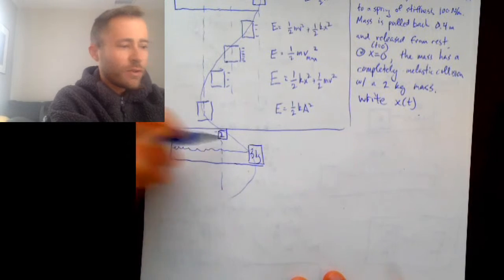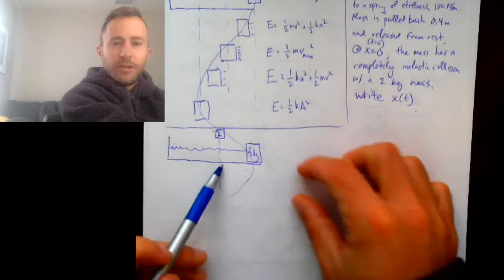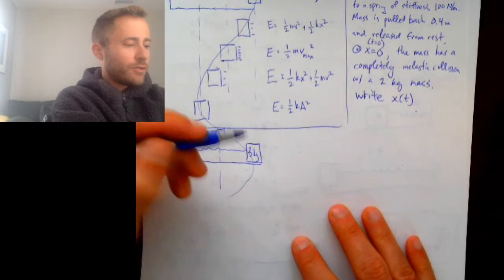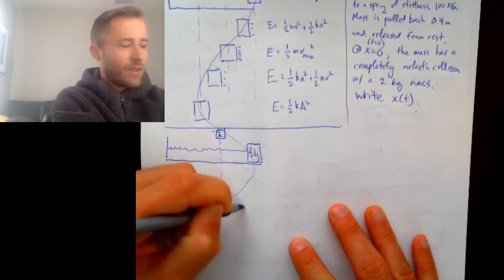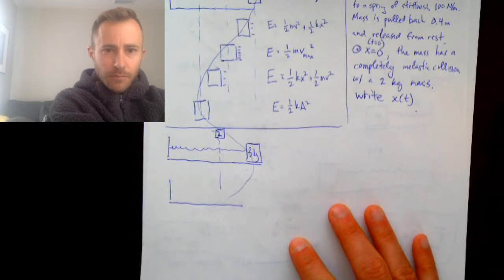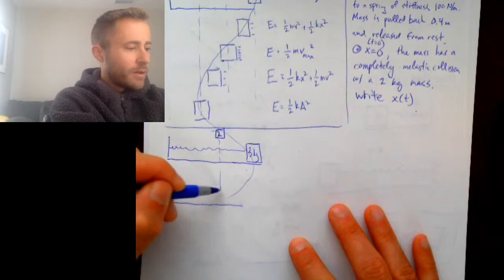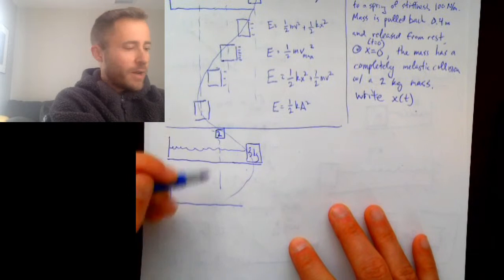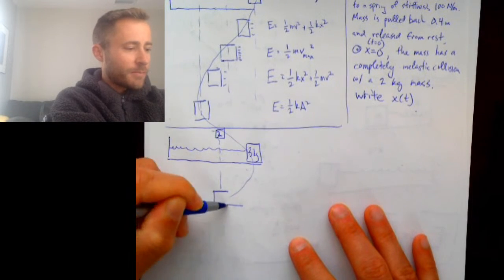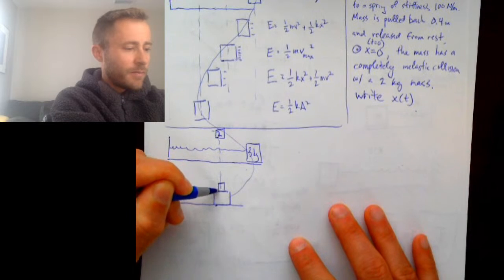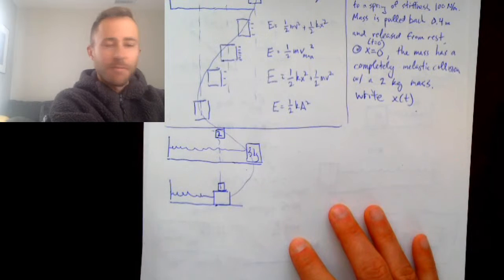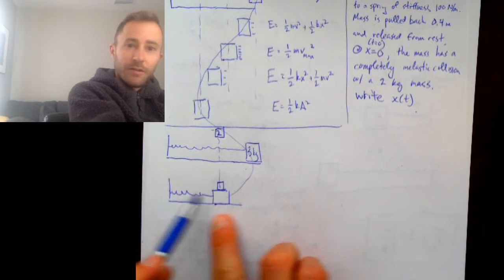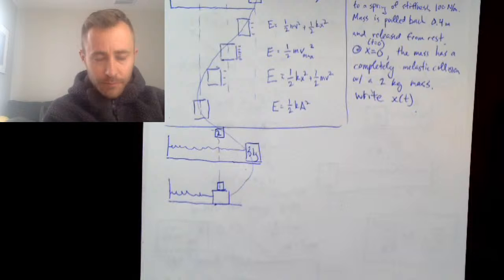This is the 2 kilogram mass. The mass is released from rest, and it starts heading this way. Once it gets to the center, this 2 kilogram mass gets dropped onto the top, like that. And then it's the pair that is going to oscillate. See what I'm saying?